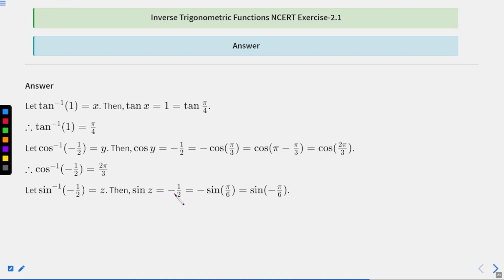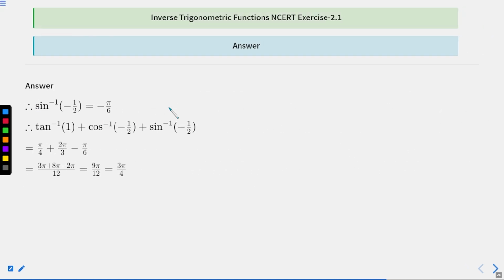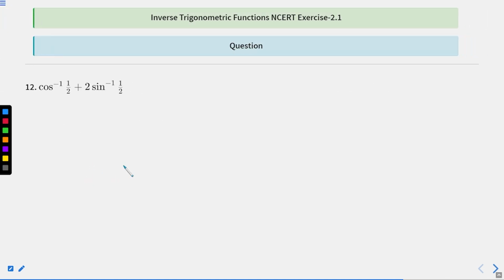Okay, so the solution for this is here, and I have already given you the solution. So the final answer would be what? 3 pi by 4. Okay, let's move to next. Now the question remains the same. We need to find the value for this whole expression.